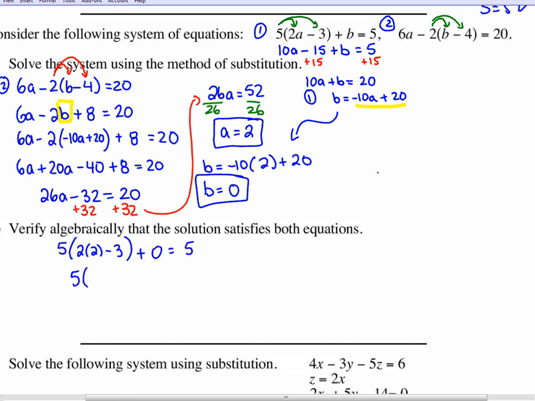So 5 times 4 minus 3. What's 4 minus 3? 1. You don't have to, no. 5 equals 5.